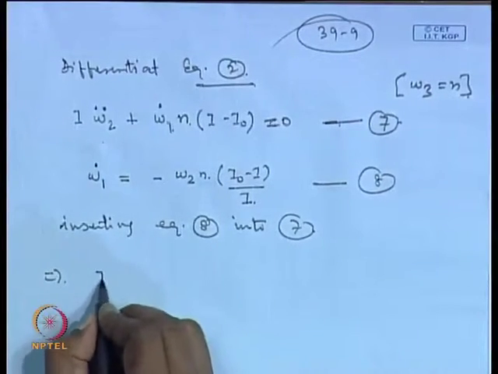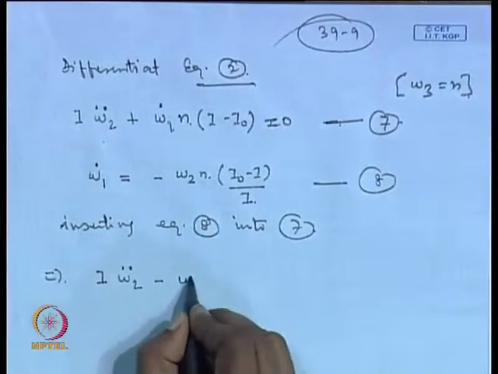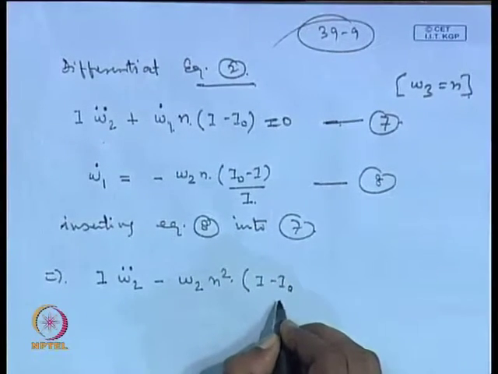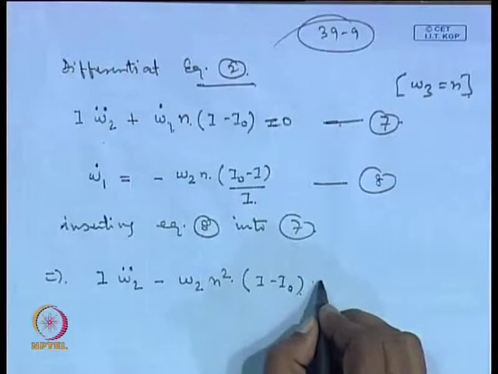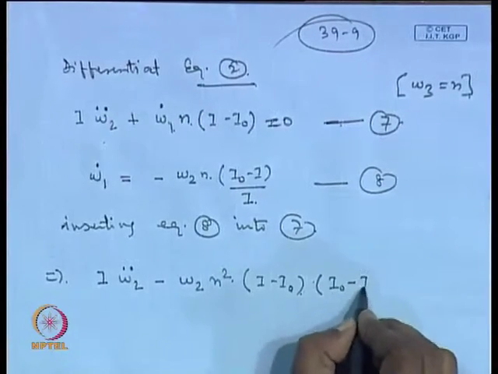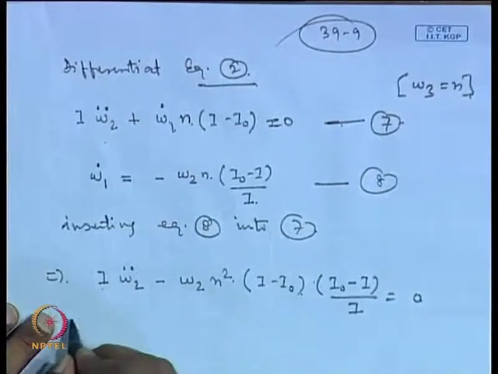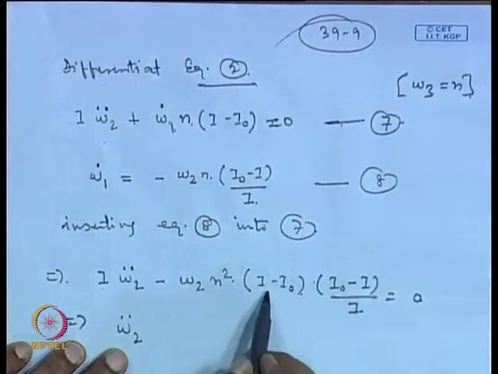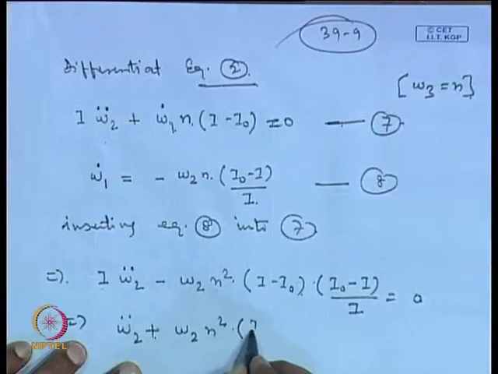So, this will imply I times omega 2 double dot minus omega 2 times n square (I minus I 0) times (I 0 minus I) divided by I equal to 0. We bring this I on the right hand side. So, omega 2 double dot and the minus sign we can take out from this place and put it in the format where it will appear as (I 0 minus I).